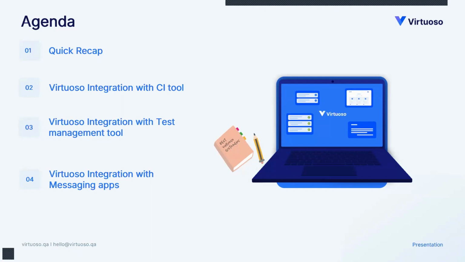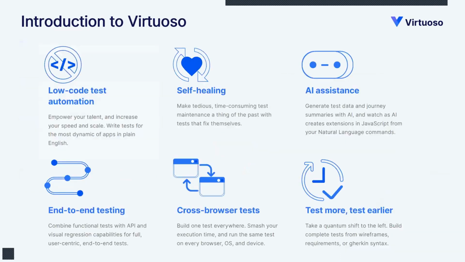Similarly, we also have an integration on the test management tools, so we'll show one of the tools from there. We'll demonstrate that, and also how Virtuoso interacts with messaging apps, for example Slack, and how to integrate Virtuoso with Slack. With this, we can come to the next slide.